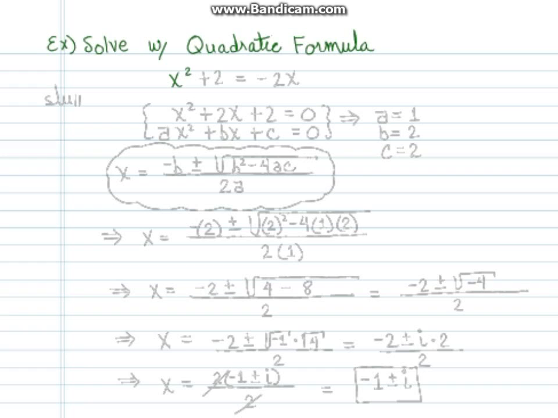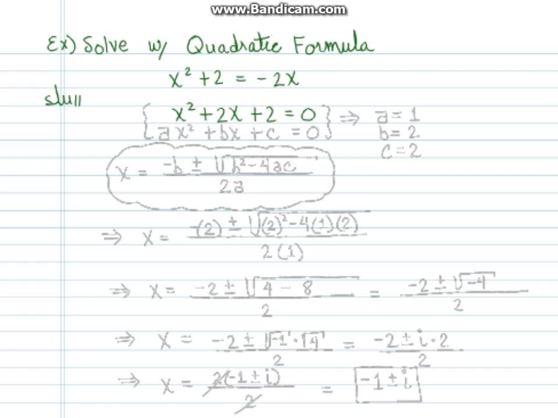It's x squared plus 2 equals negative 2 times x. It's not in standard form, so first thing we'll have to do is get it into standard form, which means get everything on the left side. So we'll have x squared, a positive 2x, and then plus the 2 equals 0. So we just added 2x to both sides.